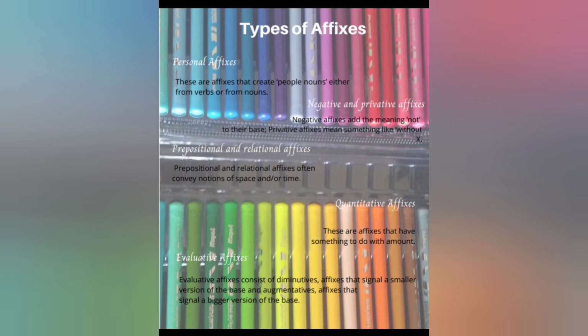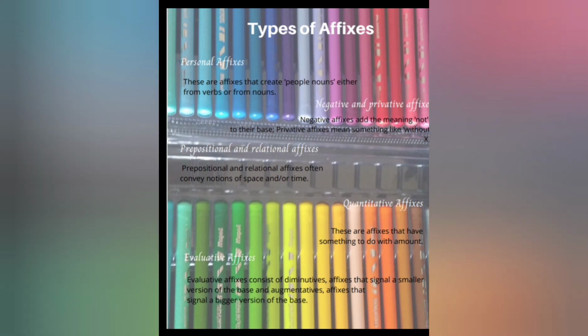Personal affixes create people nouns. Negative affixes add the meaning not, and privative means something like without. Prepositional and relational often convey notions of space and or time. Quantitatives have something to do with amount, and evaluatives can be diminutives, a smaller version of the base, or augmentatives, a bigger version of the base.